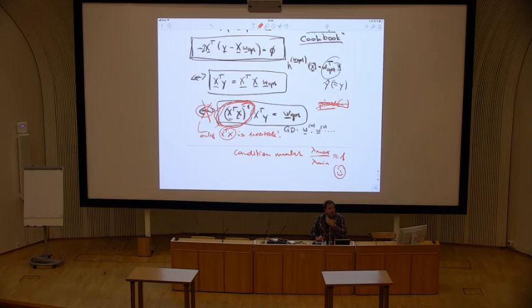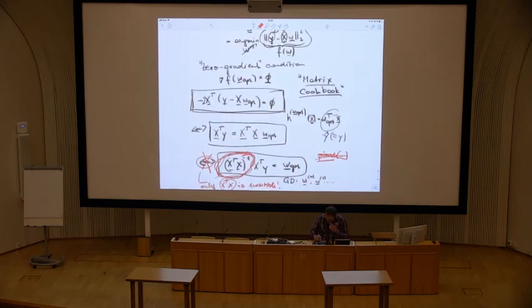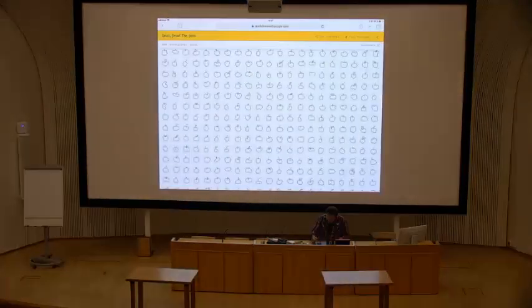Do we have control over the condition number? Can we tune the condition number of the feature matrix here? Anybody with an educated guess? No. The feature matrix comes from the data. So the feature matrix is made up from the feature vectors coming from these black and white images.